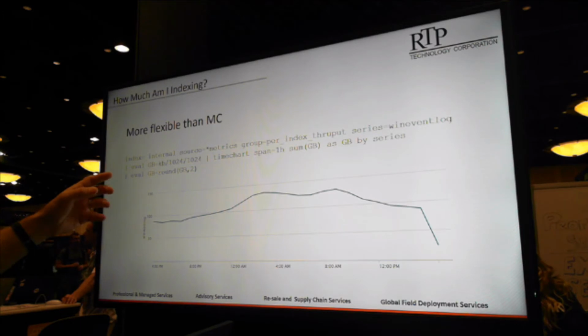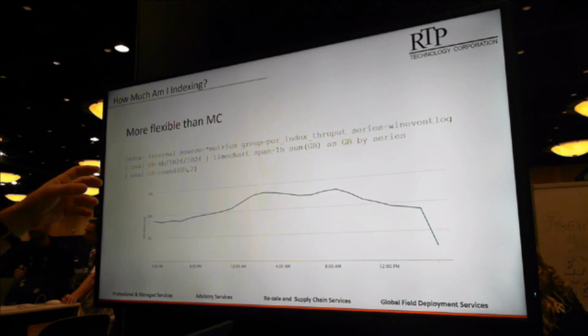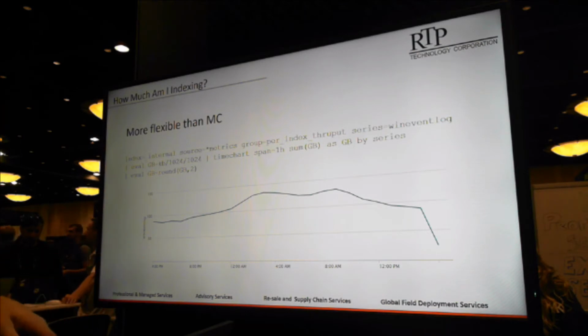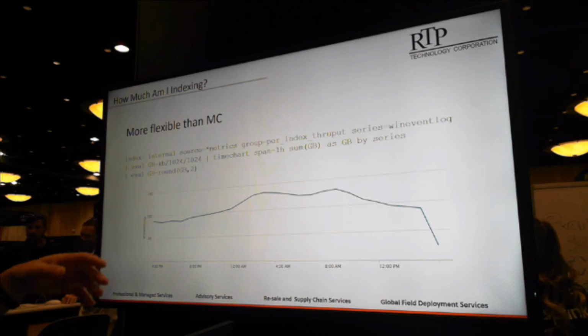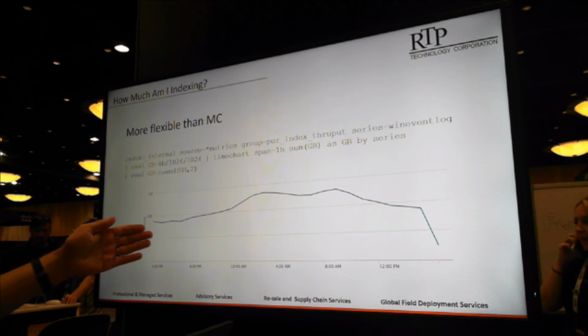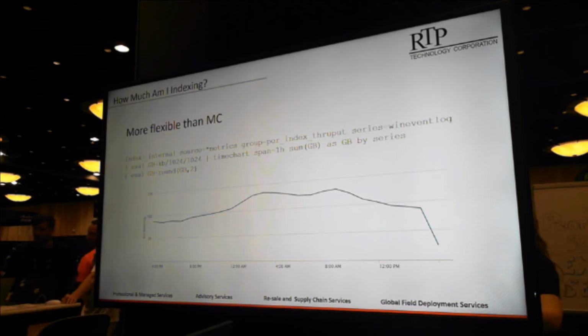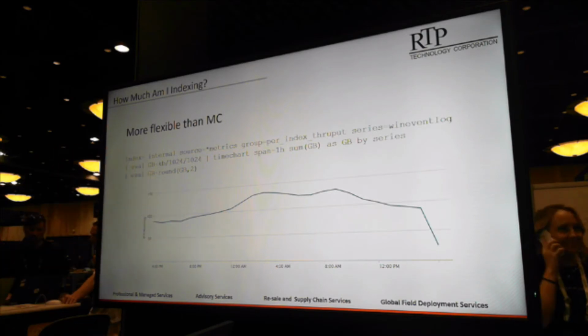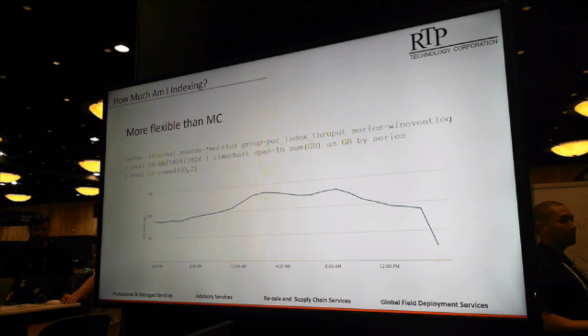The remainder of this query is converting bytes that are stored in the log into gigabytes to make it easier to display on the visuals. And then we put that into a time chart. So now we can see over the period of time, this is roughly 8 hours, how much have we indexed? And we can see peaks and valleys over the course of a day or so.